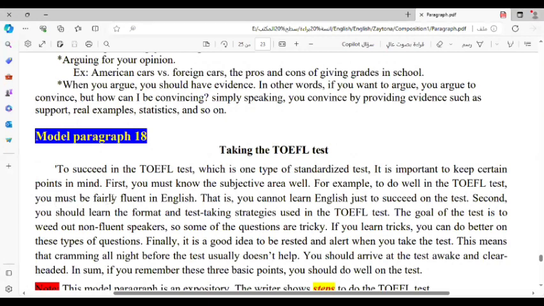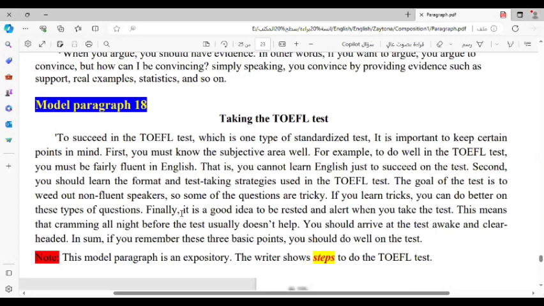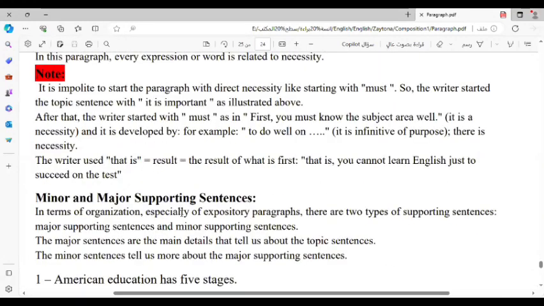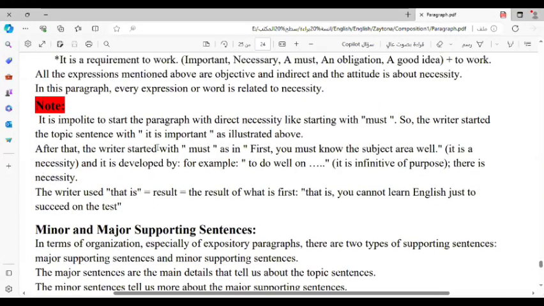Okay, but we have here first you must know. Why did I use must here? Okay, because here you will see that the writer started with must, as in first you must know the subject area, for example, because it is a necessity. لأنها ضرورة.